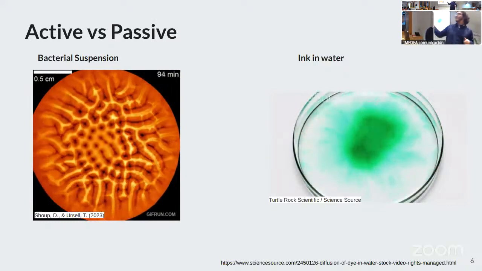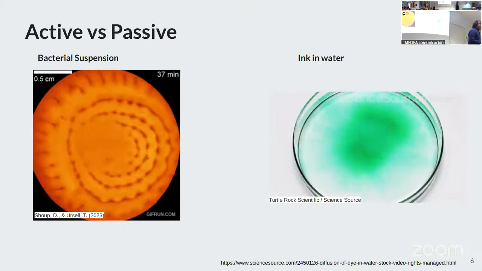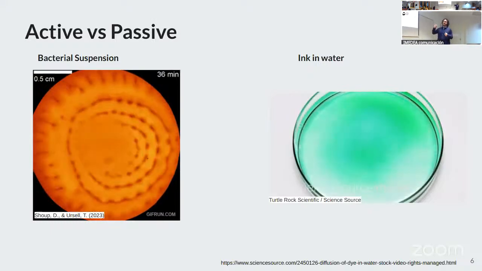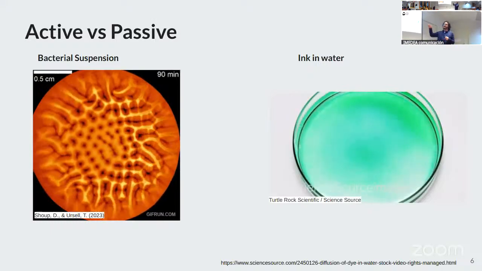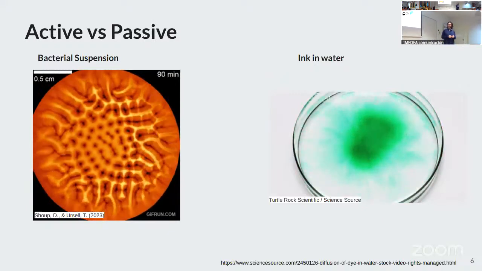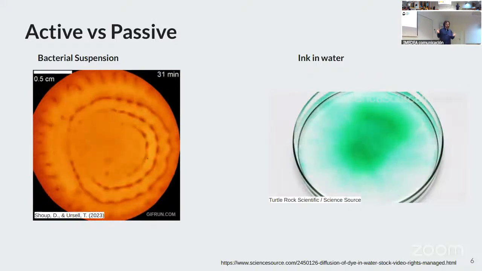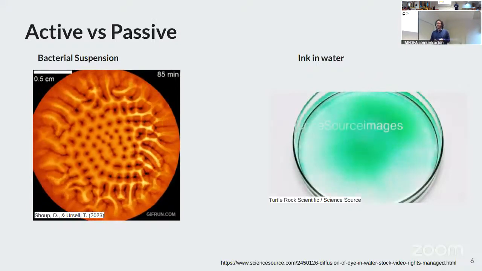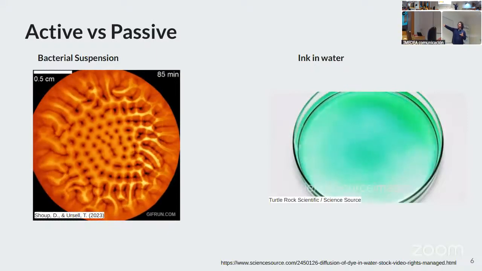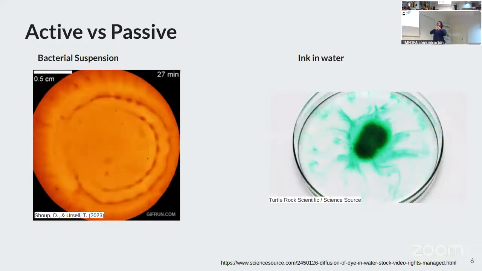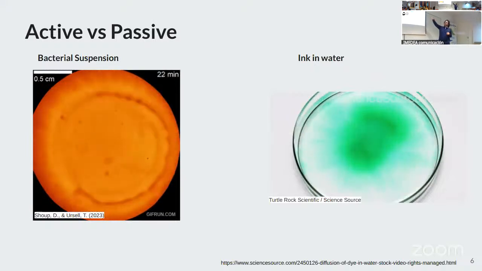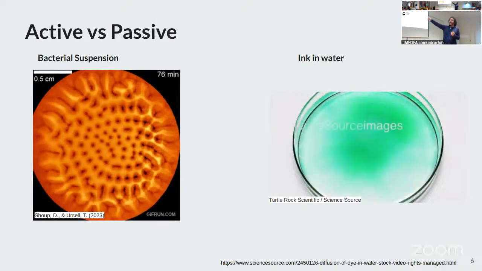However, if we think about a suspension of active agents, in this case bacteria, and of course depending on different factors, like some external potential such as gravity, or maybe some chemicals in the medium that the bacteria are attracted to, we can see that this diffusion phenomenon, just homogenizing the concentration, doesn't happen right away.